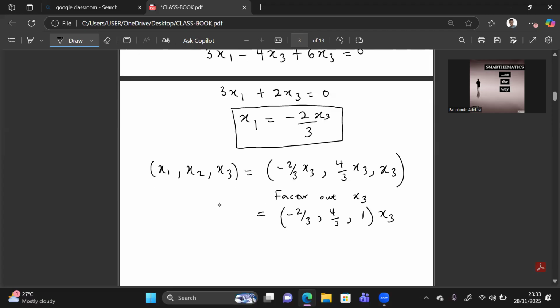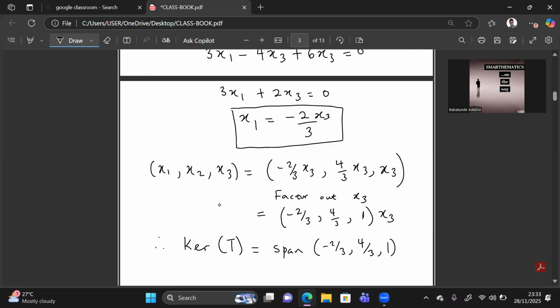So therefore the kernel of T, I told you, is those values that we get, minus 2 over 3, 4 over 3, and 1. But because of the x3, I need to put what we call span. What does spanning mean? This particular set I'm writing can generate every other set.